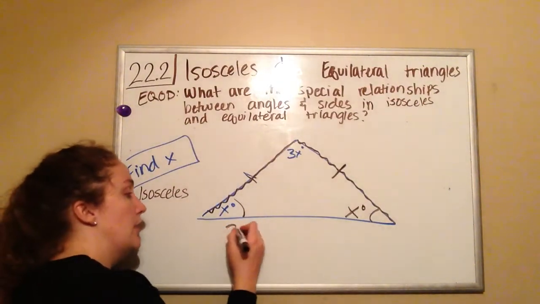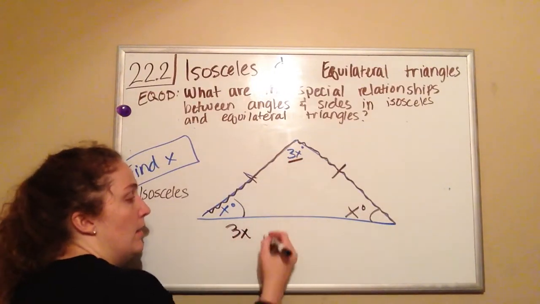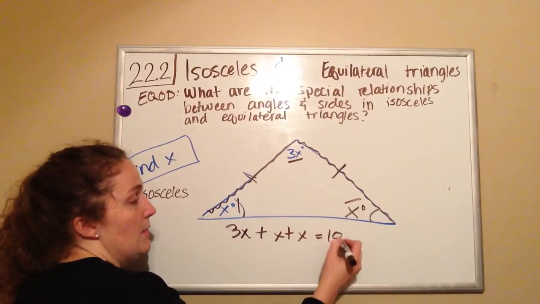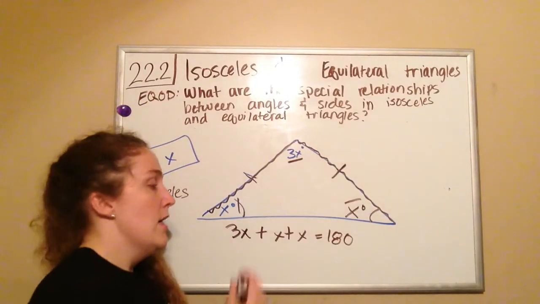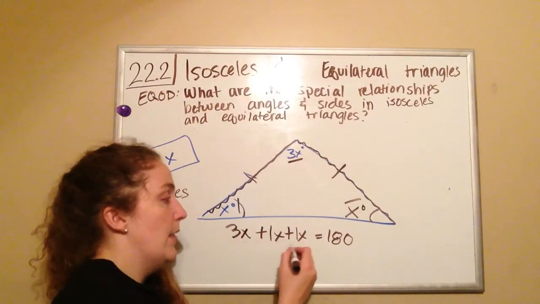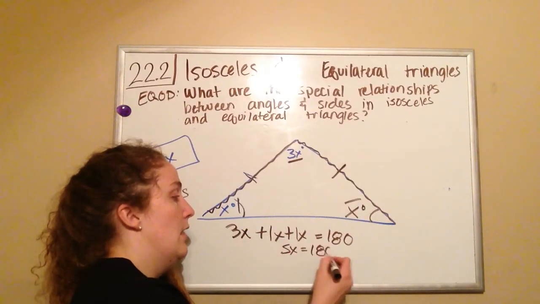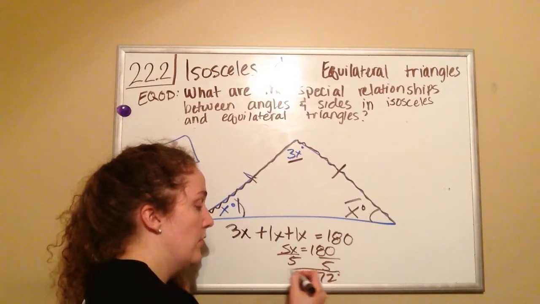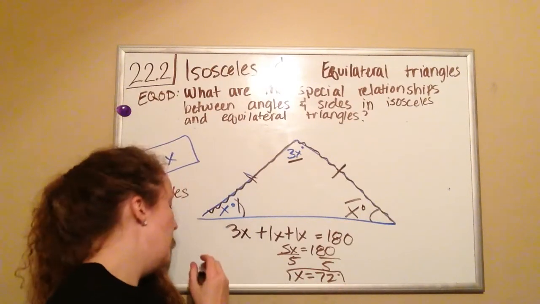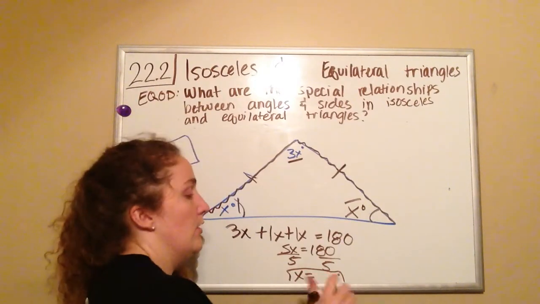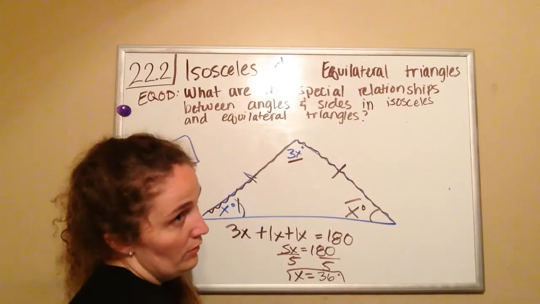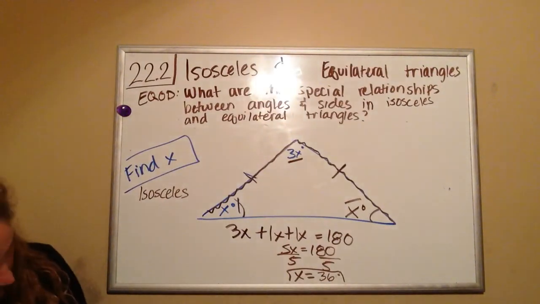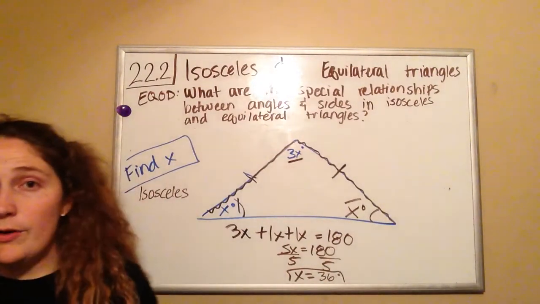So if I set up an equation, 3x plus x plus x, 5x equals 180. When I divide by 5, I get x equals 36. Okay, so x is 36.